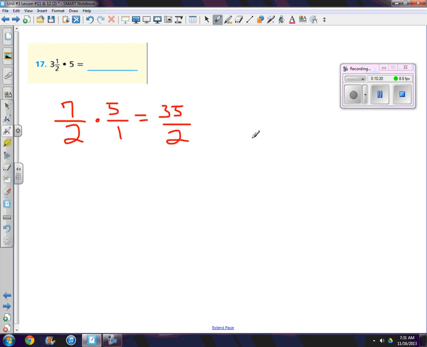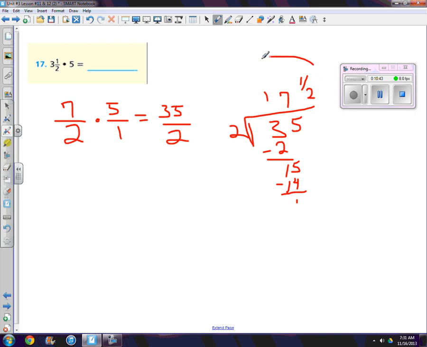But then you need to change it to a mixed number by dividing 2 into 35. 2 goes into 3 once. 2 goes into 15 7 times with a remainder of 1 over your denominator. 17 and 1/2, which if you think about it, just by multiplying 3 times 5 you end up with 15.